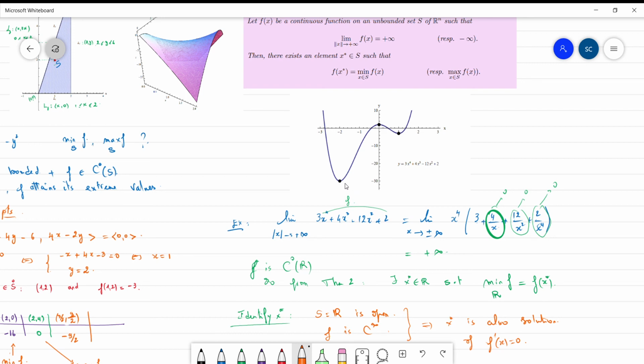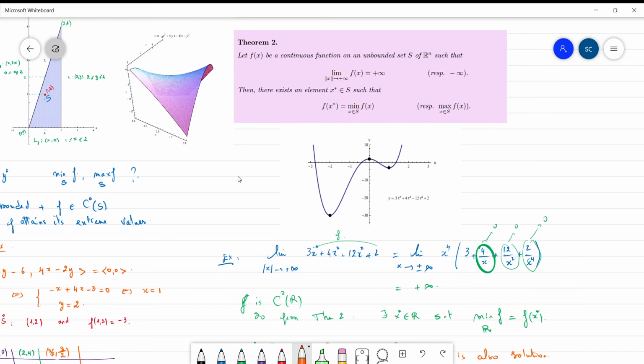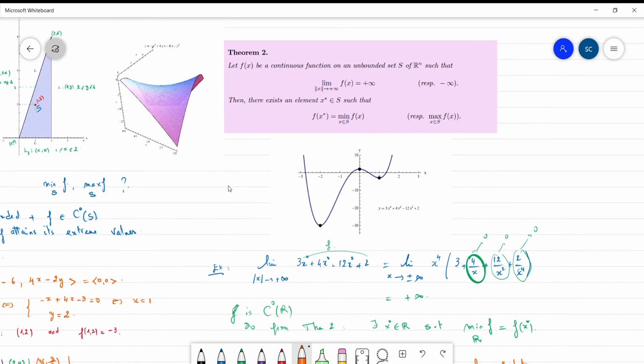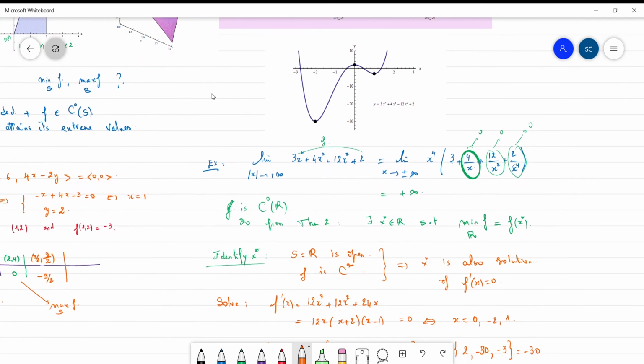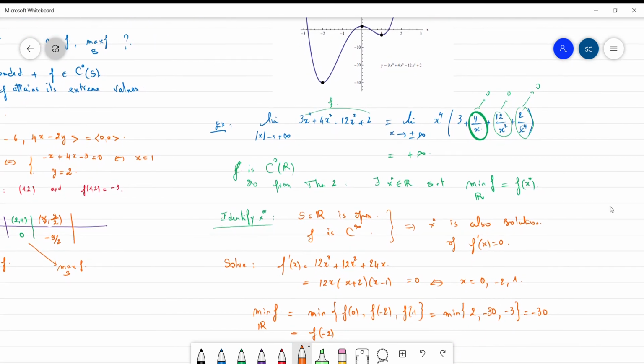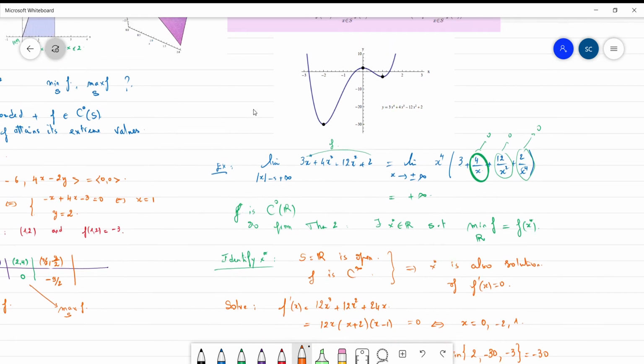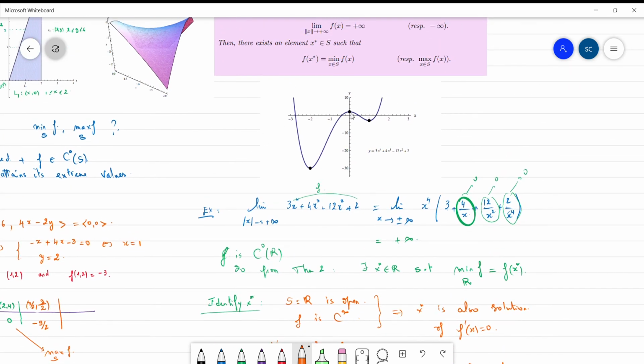The theorem doesn't say there is a unique element. It says just that there exists at least one. Also, this situation illustrates that when you have critical points, that doesn't mean that they are necessarily a maximum or minimum point, because here we found -2 is the minimum point, but 0 and 1 are not global maximum or minimum.